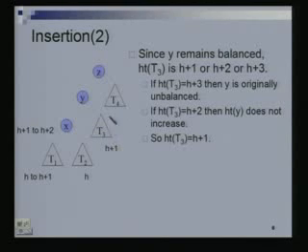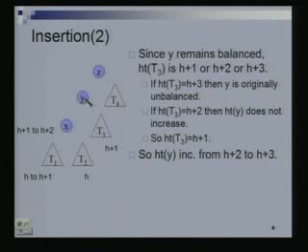So if the height of T3 is h plus 1, what is the height of y now? Originally it was h plus 2, because both of these were h plus 2 and h plus 1. So this was h plus 2 originally, and now it's increased from h plus 2 to h plus 3. Is this clear to everyone?